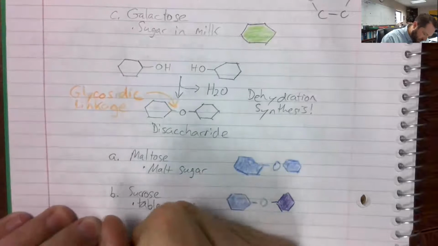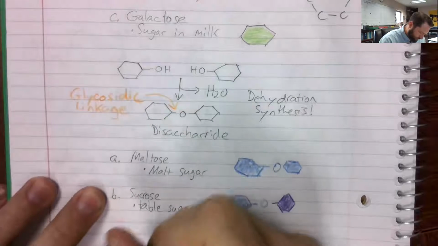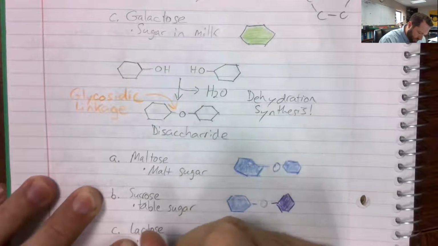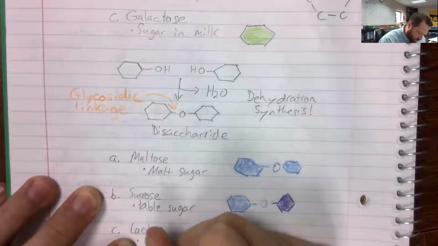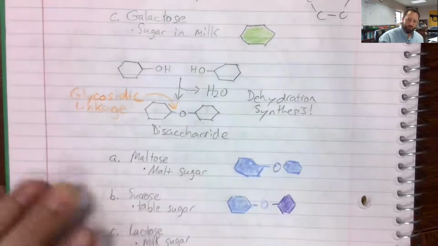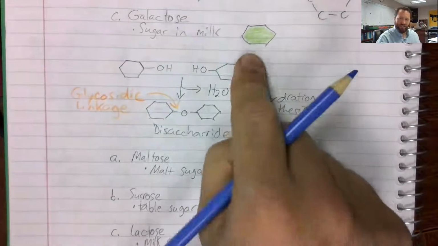And then finally, the third common disaccharide is lactose, which is a milk sugar. This one, you might have guessed, is going to contain galactose.